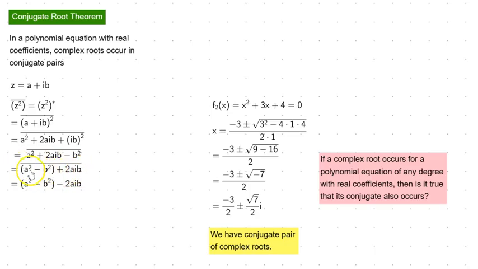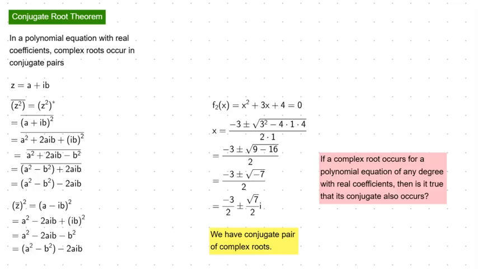This again is a complex number where the real part is a square minus b square. So now we can take the conjugate, which is just changing the sign of the imaginary part. So we have a square minus b square minus 2aib. This was when we took the conjugate of z square.